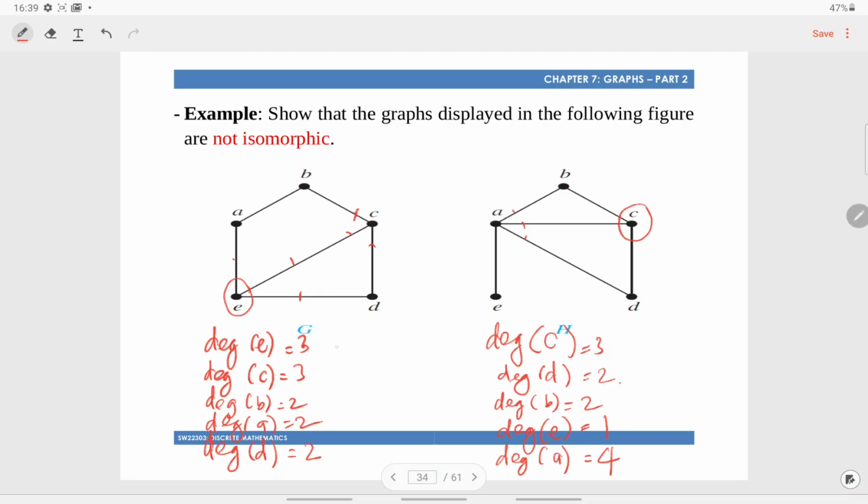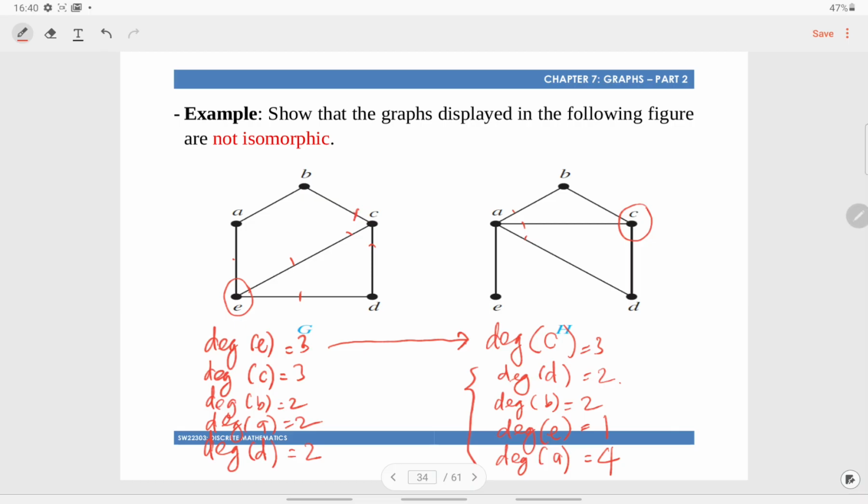For E, yes, we can map E to C. But for C, we cannot map to any other vertices in the graph H because of the difference in degree. In the definition, the degrees of corresponding vertices are considered invariant, so they must be the same, equal in value.